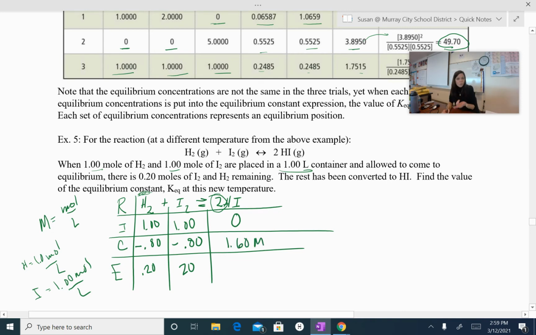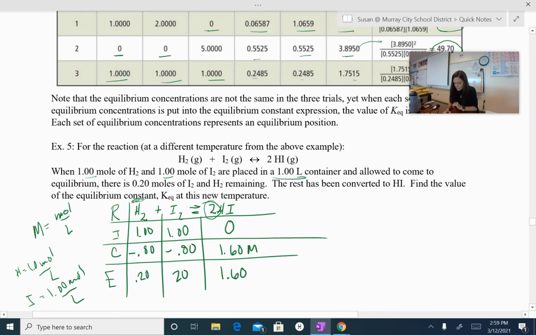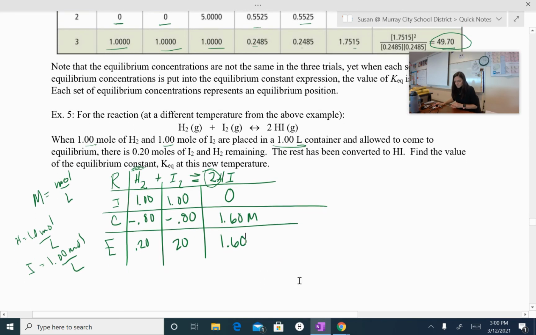And it's still in that 1 liter vessel, 1.6 moles. So my equilibrium concentration of hydrogen iodide would be 1.6 moles per liter. Do you guys agree with that so far? Okay, so there's my ICE chart.